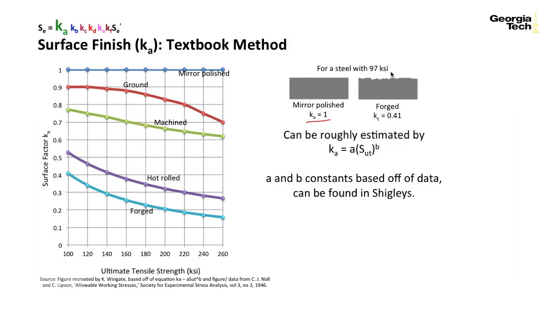A forged specimen of 97 KSI steel has a Ka of 0.41, and that's quite the difference. The forged steel is going to have 40% of the endurance limit of the mirror polished steel, which is quite the reduction. So surface finish is very important to take into account.